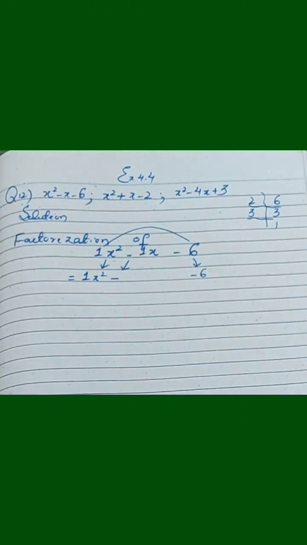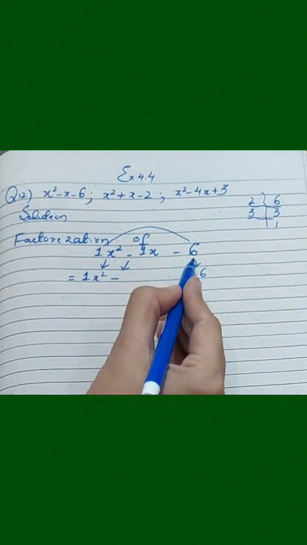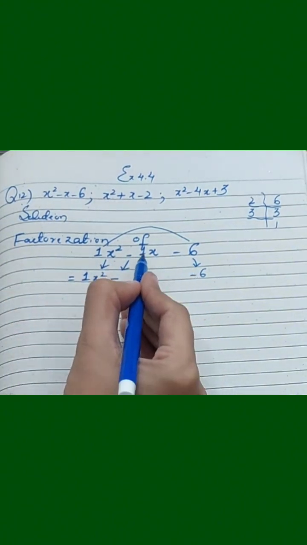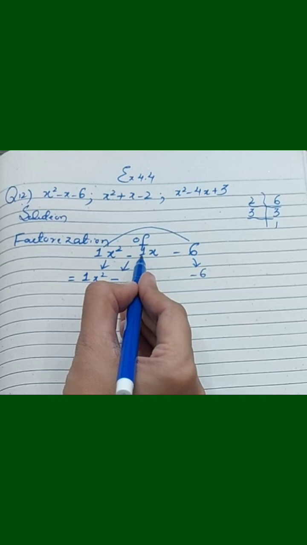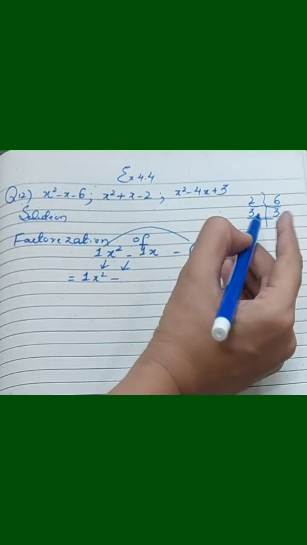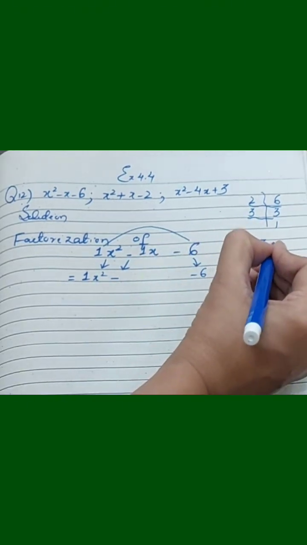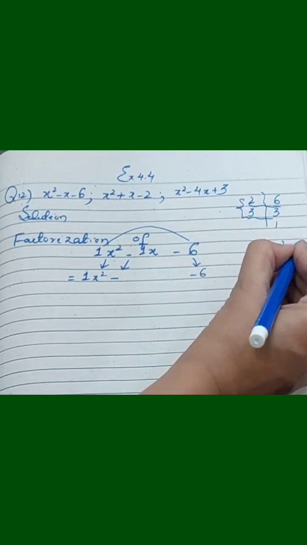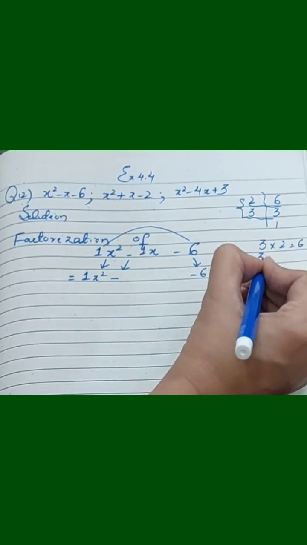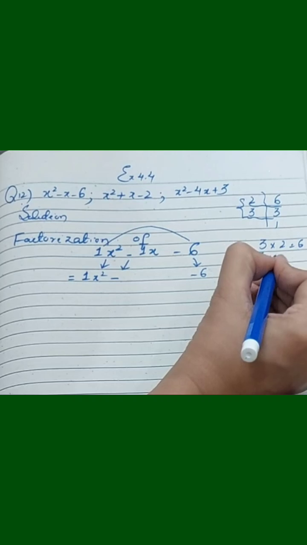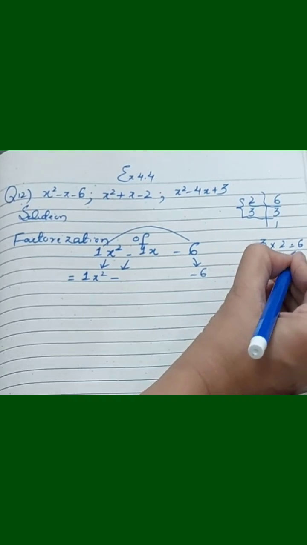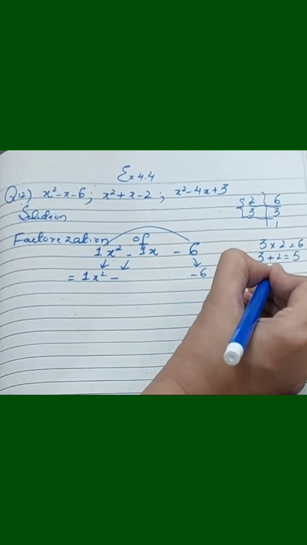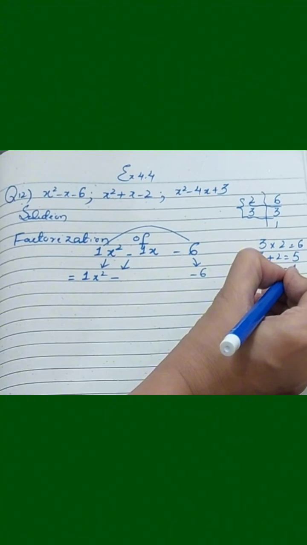Why we take LCM? Because we need such a number. When we multiply, it will be 6. When we add or subtract, it will be minus 1. So you can see when we multiply 3 multiplied by 2, it will be 6. When you add, it will be 5. When you subtract, it will be 1.